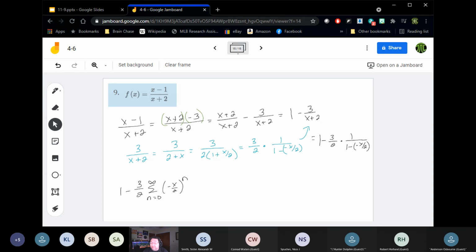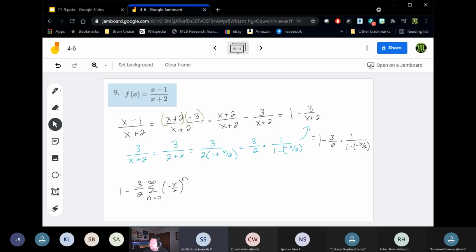I needed to get rid of the subtraction on the top. And then you work out the 3 over x plus 2 the same way that we did the other ones.